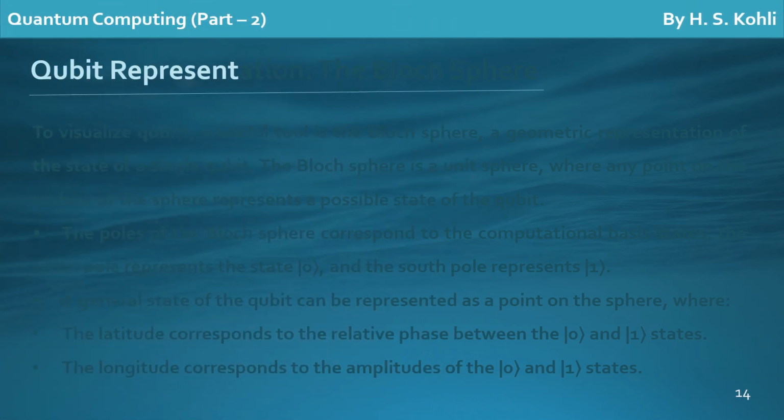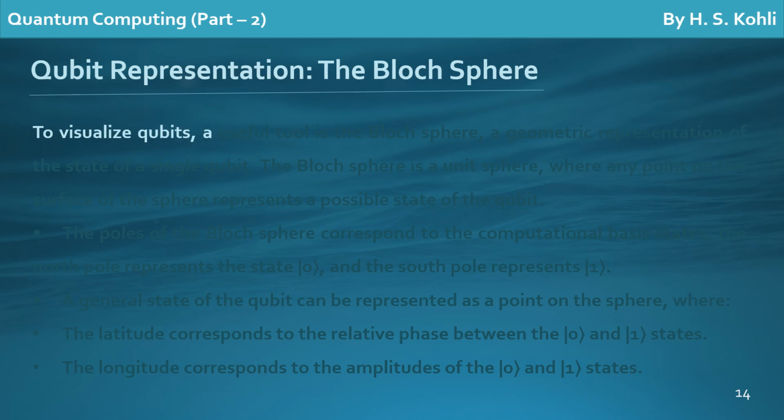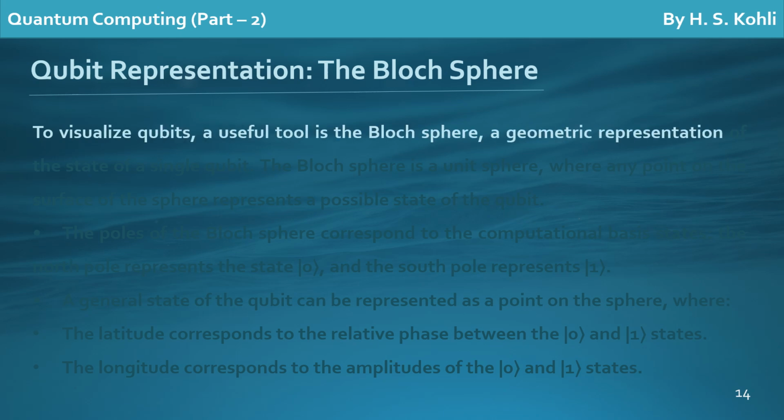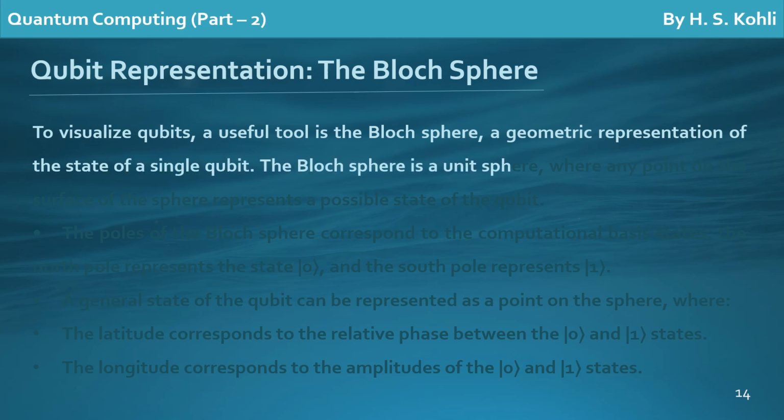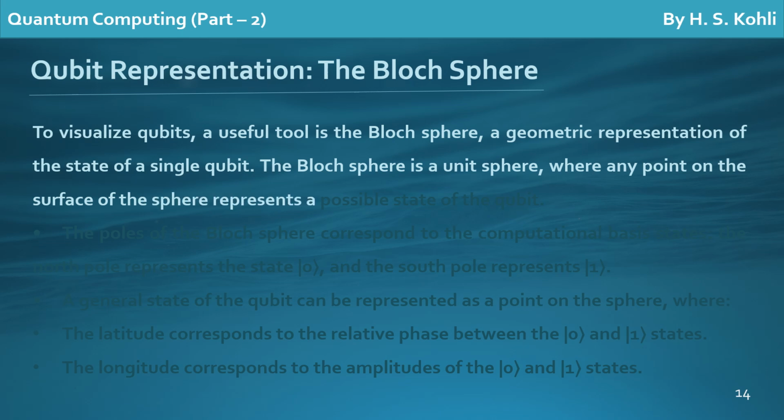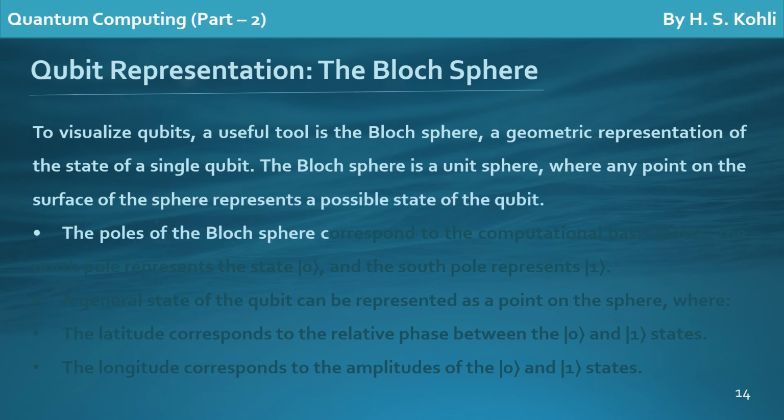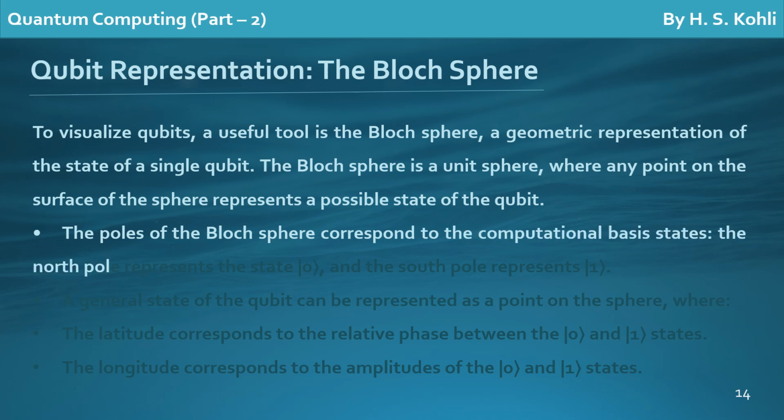Qubit representation: the Bloch sphere. To visualize qubits, a useful tool is the Bloch sphere, a geometric representation of the state of a single qubit. The Bloch sphere is a unit sphere, where any point on the surface of the sphere represents a possible state of the qubit. The poles of the Bloch sphere correspond to the computational basis states. The north pole represents the state ket 0, and the south pole represents ket 1.